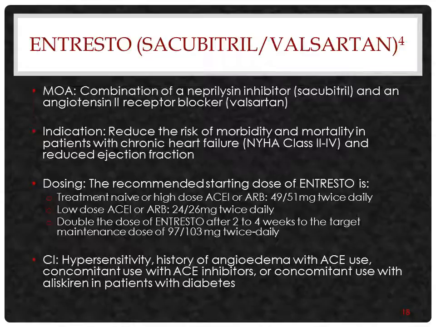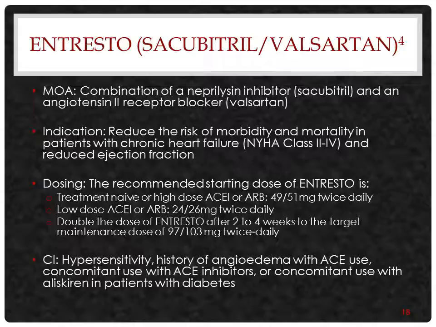Neprilysin itself degrades endogenous vasoactive peptides, which includes natriuretic peptide and bradykinin. Inhibition of neprilysin results in increased concentrations of these peptides and their activities, which results in vasodilation, natriuresis, and diuresis. This new combination medication, again, is to reduce the risk of morbidity and mortality in patients with chronic heart failure and in patients with reduced ejection fraction.